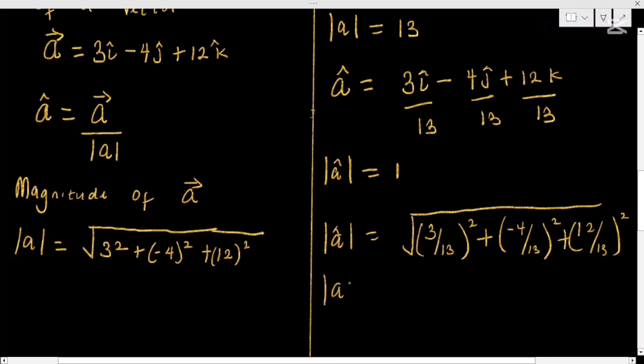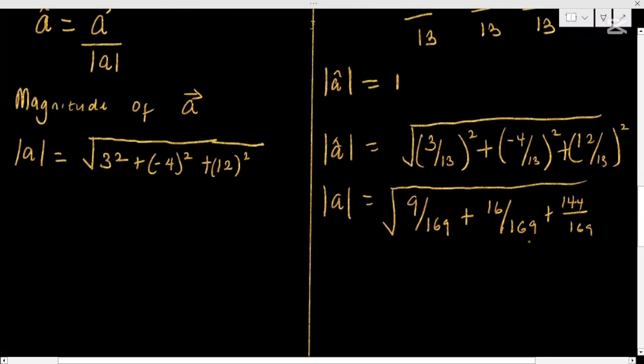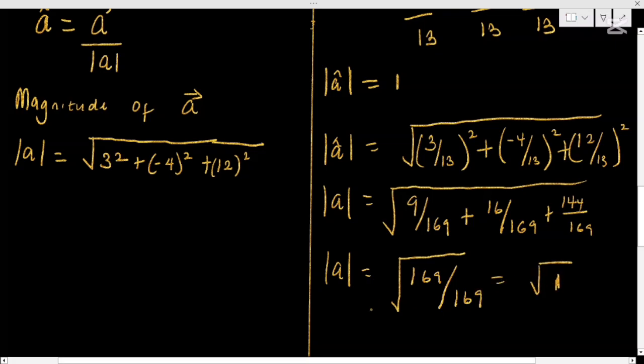And this will give us 9 over 169 plus 16 over 169 plus 144 over 169, which implies that if we sum everything together, we'll be having 169 over 169, and this is the square root of 1, which implies that the magnitude of our unit vector A is what? 1. It's as simple as that.